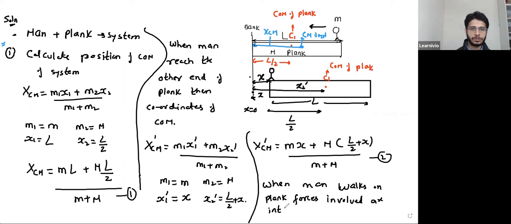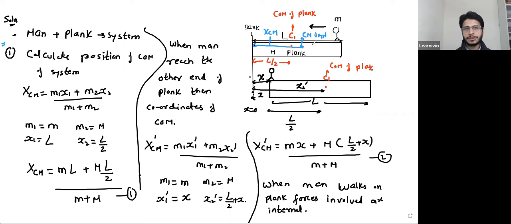Sania, another question. Listen very carefully. The forces involved here are internal forces. And this is the center of mass of the system, right? This C1 is the center of mass of the plank, but I'm talking about the center of mass of the system, man plus plank.